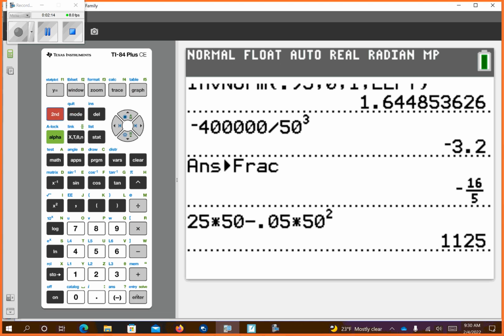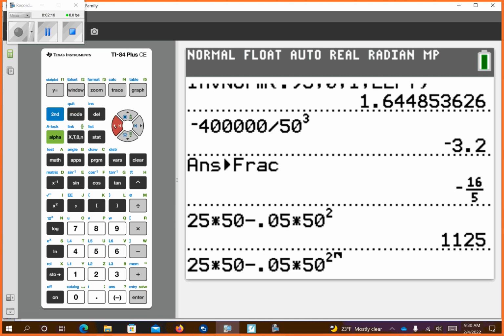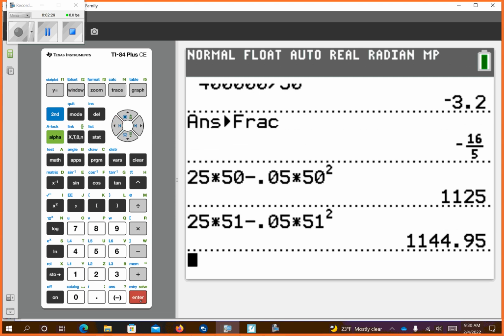If you go second enter, it brings back up your original function and allows you to just use your arrow over. So then this is going to tell us that we're at 1144.95. So you made a little bit more on selling one more item. Okay, and it's taking into account costs and things like that. So 1144.95.